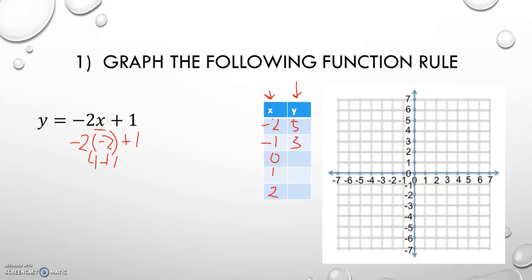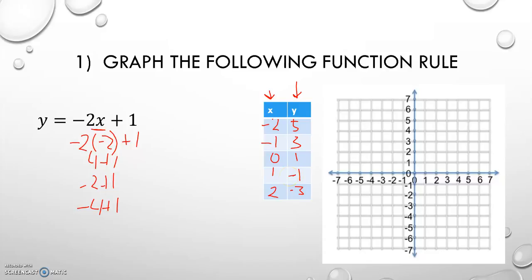If I plug in 0, -2 times 0 is 0, and 0 plus 1 is 1. If I plug in 1, then -2 times 1 is -2, and -2 plus 1 is -1. And then if I plug in 2, -2 times 2 is -4, and -4 plus 1 is -3. So this is a -1 here.